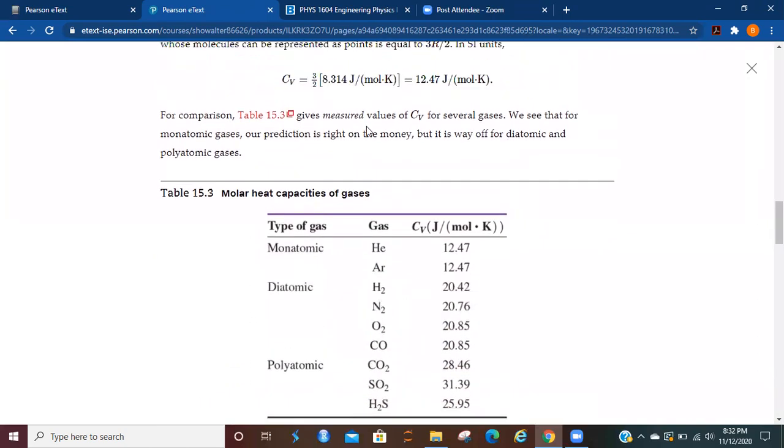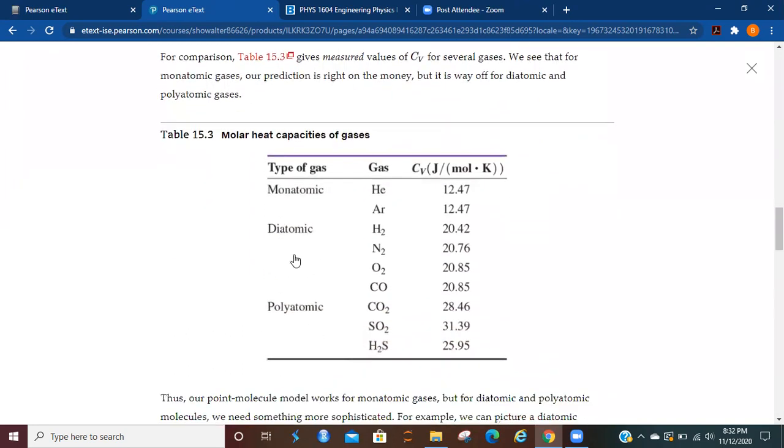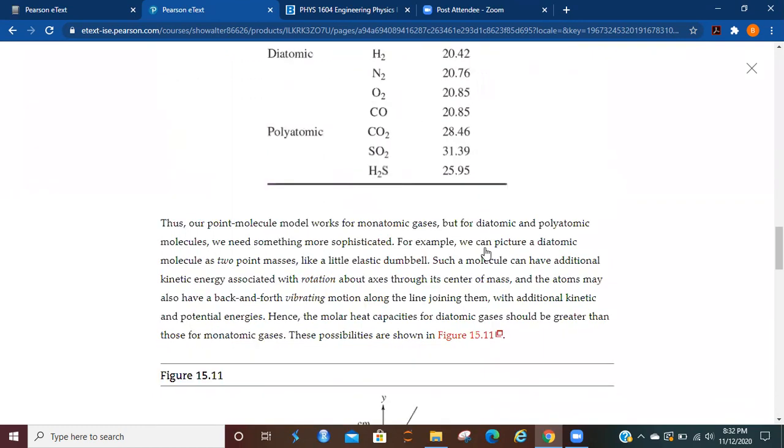For comparison, this particular table gives measured values of C sub V for several gases. We see that for monatomic gases, the prediction is pretty much right on the money. Again, this is for monatomic. Diatomic and polyatomic, where you've got several different types of elements, or even just molecules of the same element tied together, you can see the differences there.